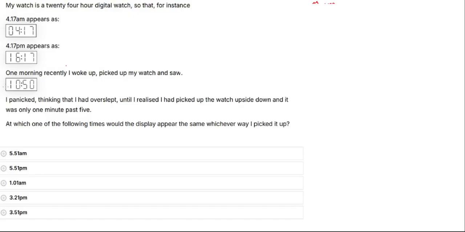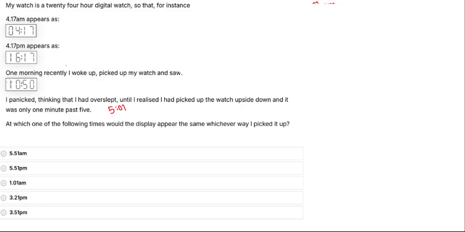So this was actually seen as 10:50, but what it really was is 5 hours and just 1 minute. So this is exactly how it was seen in a 24-hour digital clock.